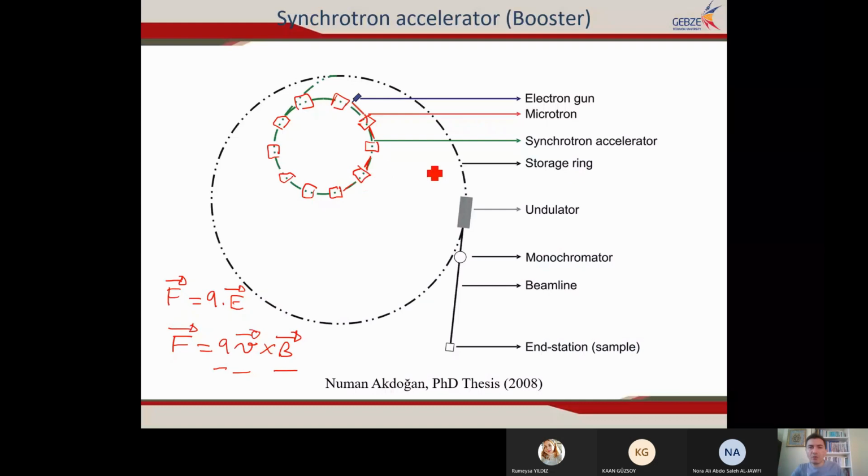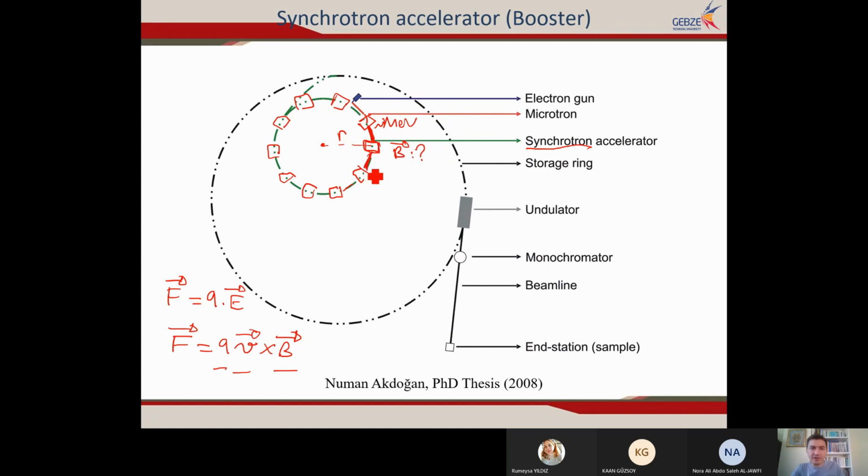So now, why is the name Synchrotron Accelerator? Here, let's consider that you have injected electrons from the microtron and they have energies around MeVs, and you have another LINAC, okay? And then you further increase the energy of the electron, and here you have a magnet. In order to keep this electron in a certain orbit, the amount of magnetic field is very important.